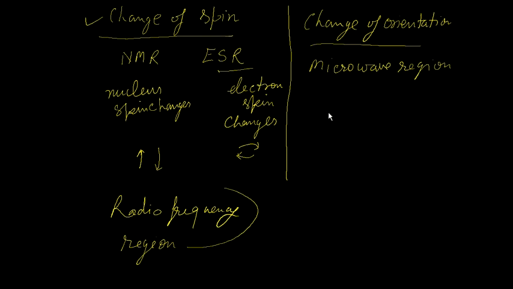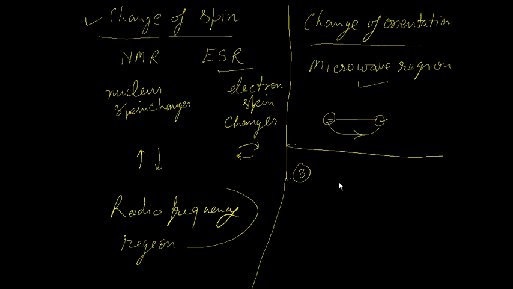Suppose the orientation is first this, and after some time it becomes this one. In this way you observe a change in orientation. When this happens, one can get the microwave region in molecular spectroscopy. The third point is change of configuration.